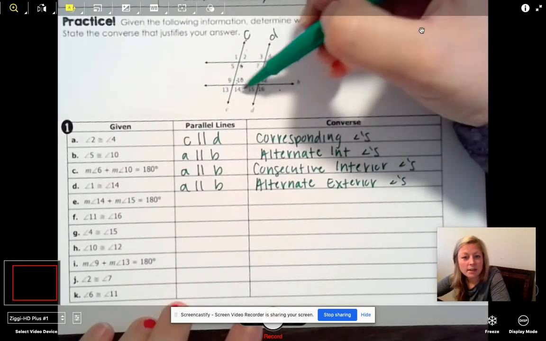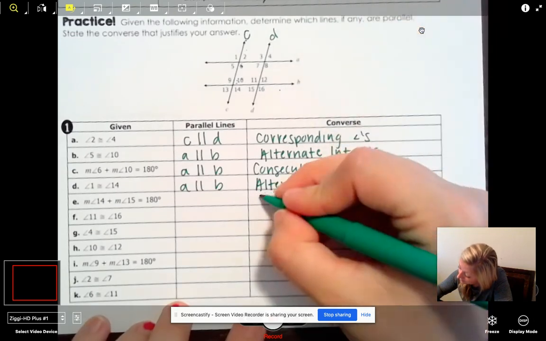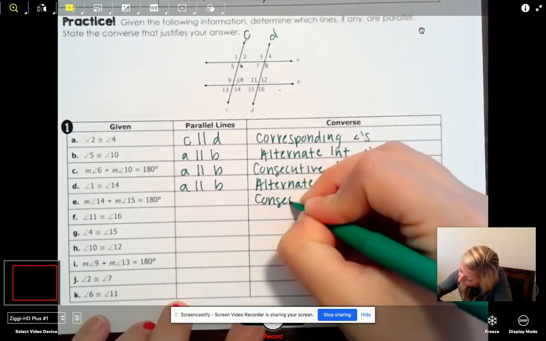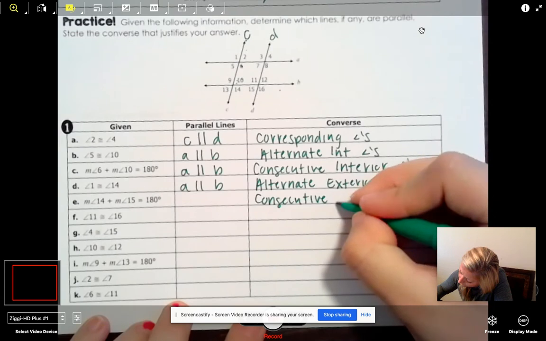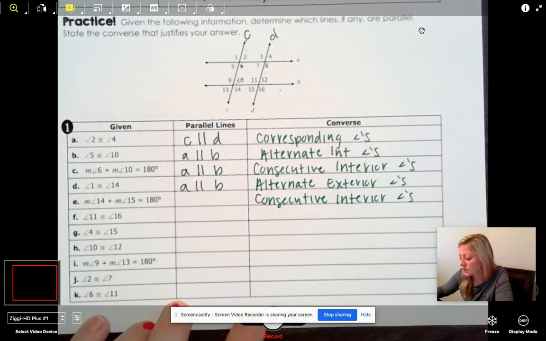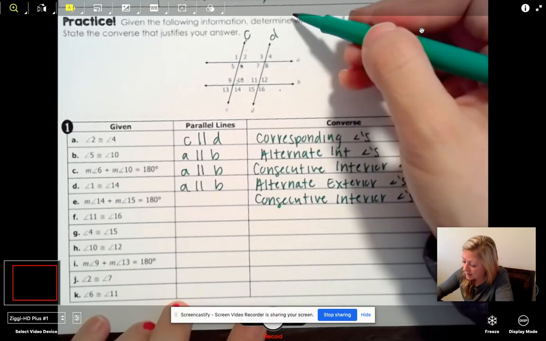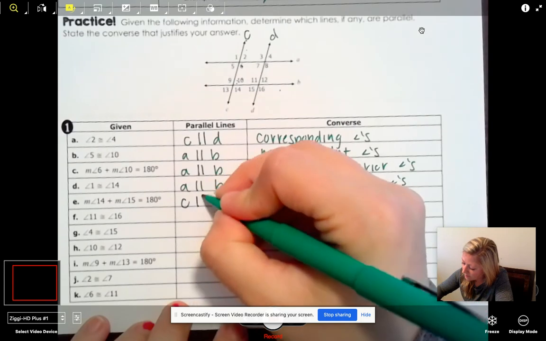So those guys are right here on this bottom part. Those are consecutive interior angles, which makes which lines parallel? In this case, it would be C is parallel to D.